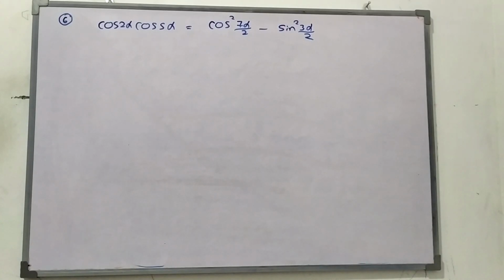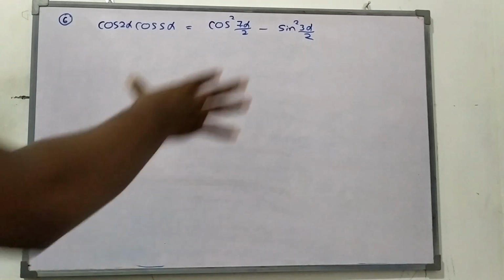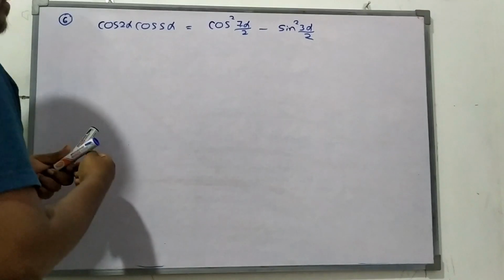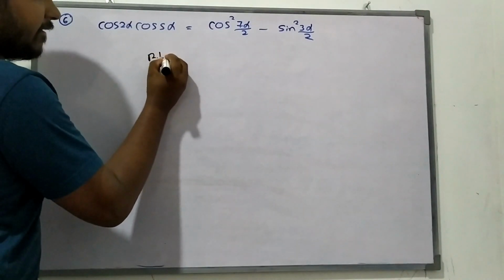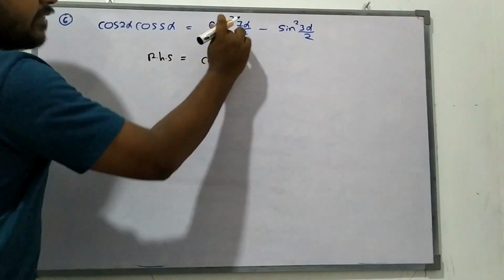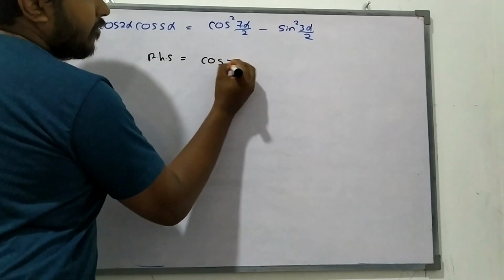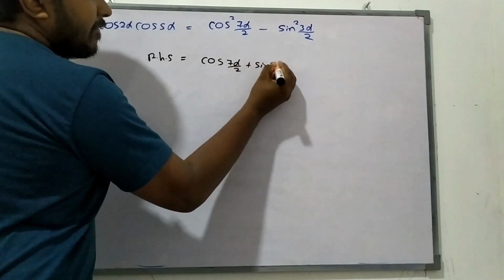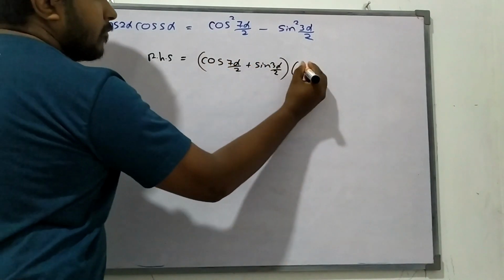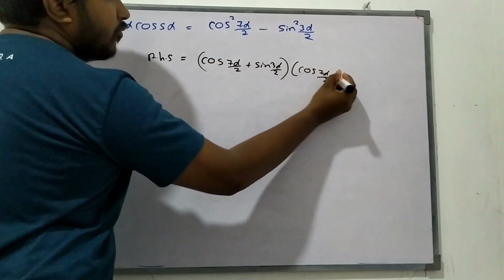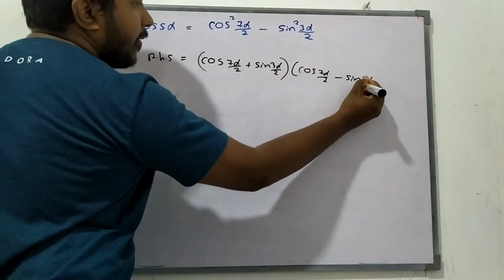Okay, this is my next example. Cos 2 alpha cos 5 alpha equal cos squared 7 alpha by 2 minus sin squared 3 alpha by 2. So when I start from right hand side, the difference between 2 squares is cos 7 alpha by 2 plus sin 3 alpha by 2 times cos 7 alpha by 2 minus sin 3 alpha by 2, right?